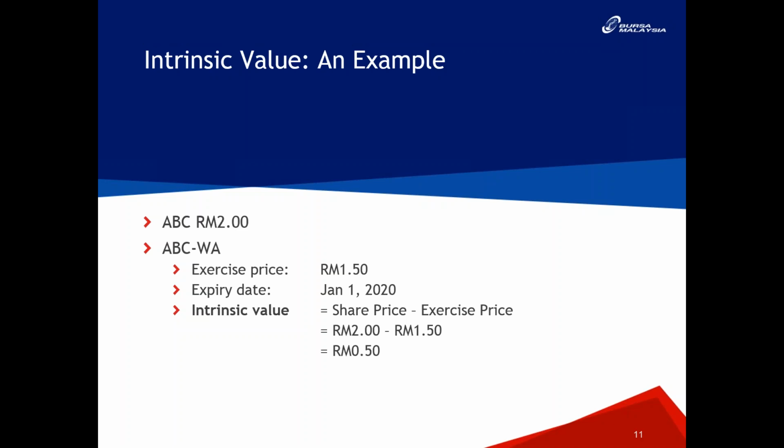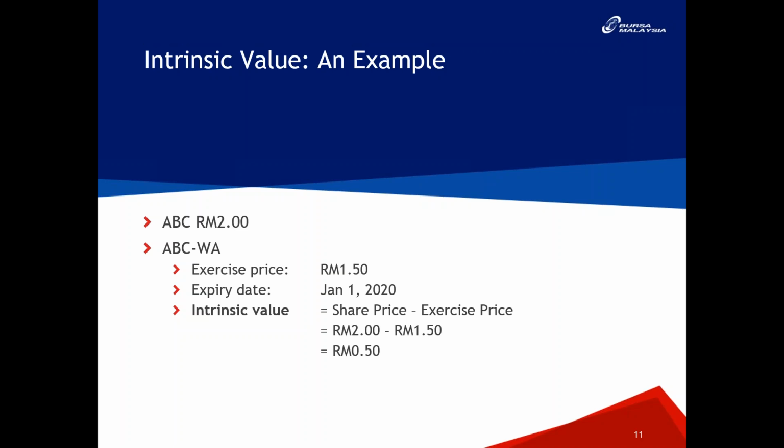And immediately, even if you were to talk to a beginner in the market, he will know that this warrant has some value, and that value is simply the share price minus the exercise price. Oh, by the way, let me go back.